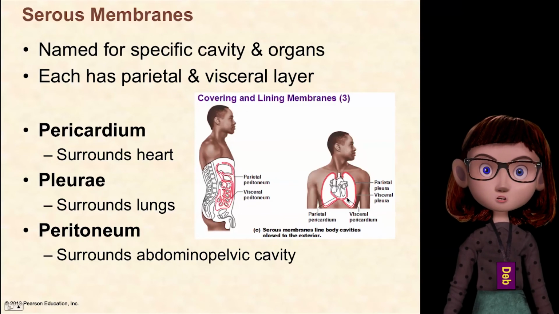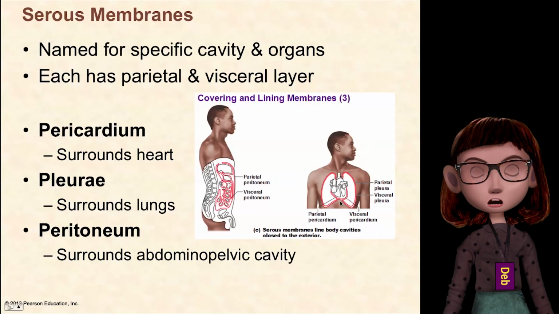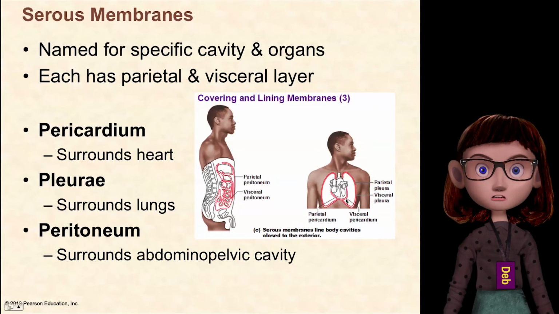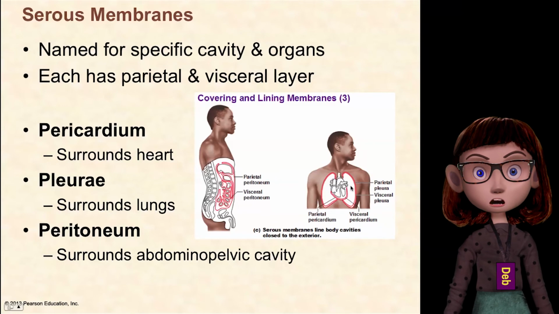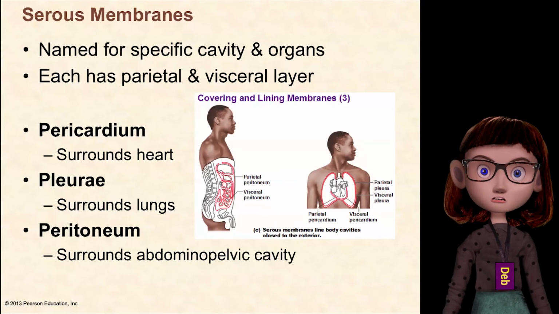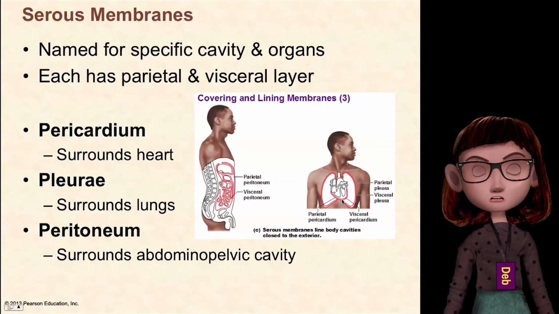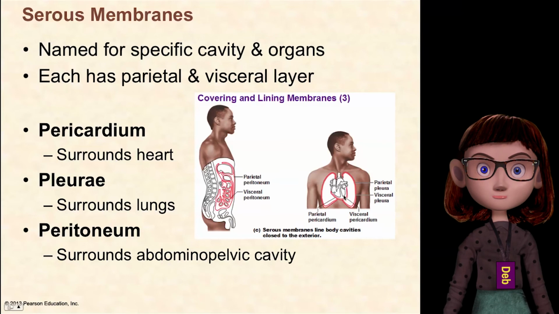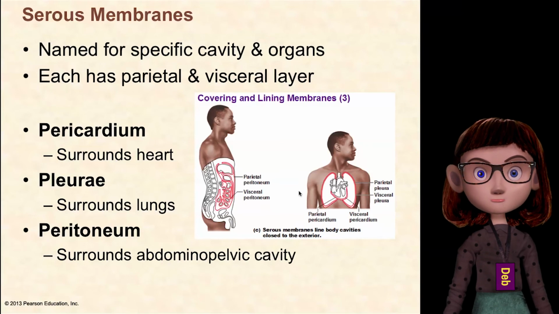So keeping the terminology straight, you have the visceral pericardium, adhering directly to the heart. The parietal pericardium is the layer that's out toward the body cavity. There's a little thin layer of serous fluid between these two layers. Here's the pleura.